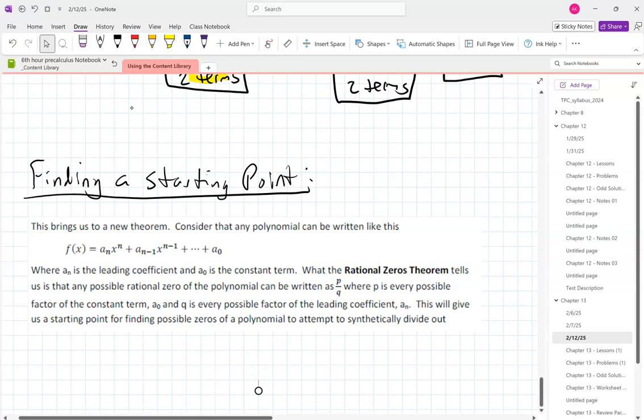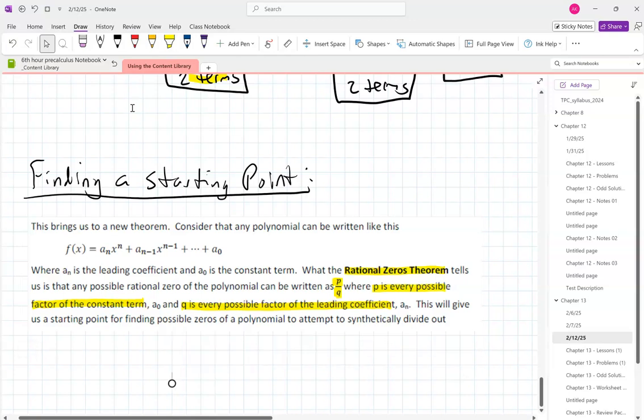What I would have done for this type of problem is apply what's called the rational zeros theorem. It says that every possible rational zero for our polynomial is going to be of the form P over Q, where P is every possible factor of the constant term, and Q is every possible factor of the leading coefficient.